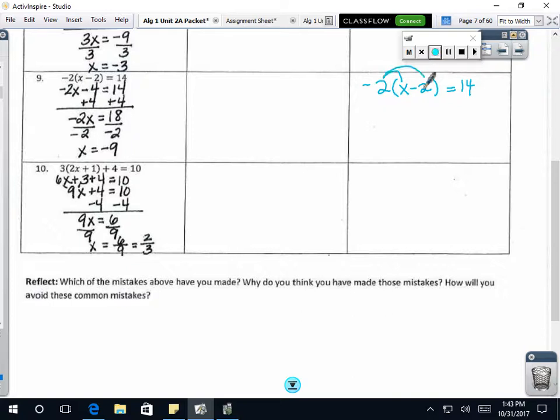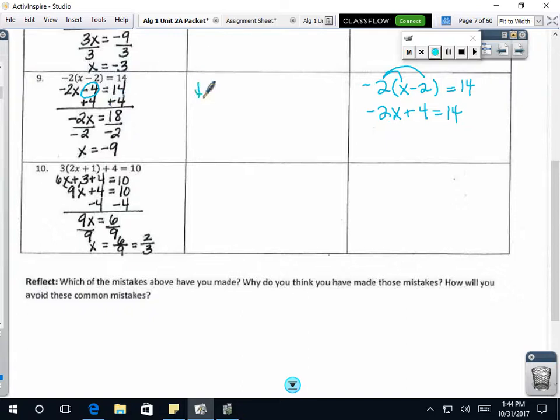Okay, and when you do, what would it become? Okay, what did he do? Right, he distributed, but right here he put a minus 4 when that should have been a plus 4. And then that messed up the rest of his problem, because at that point he shouldn't be adding anymore, he should have been subtracting, right?